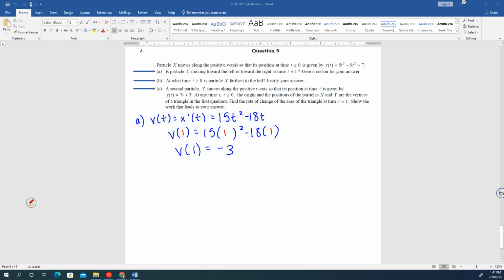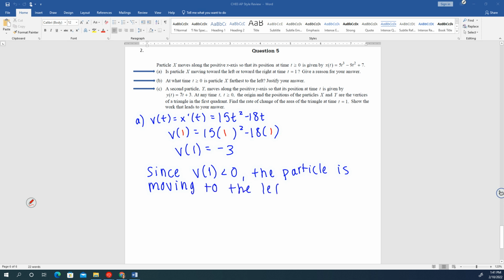Does that tell us our particle is moving to the left or to the right? Left. Yep. Since, here's my justification, since v of 1 is negative, or you can just say less than 0, or you can write out is negative, the particle is moving to the left at t equals 1.